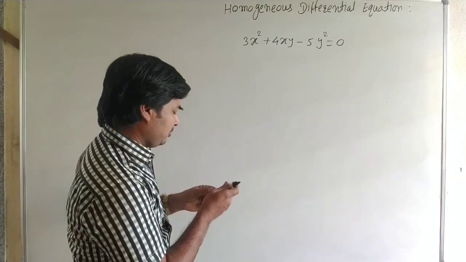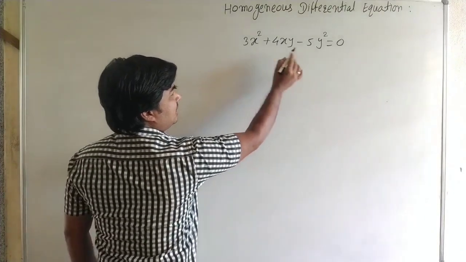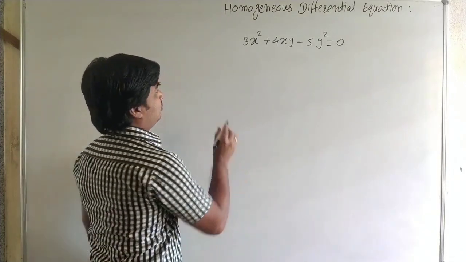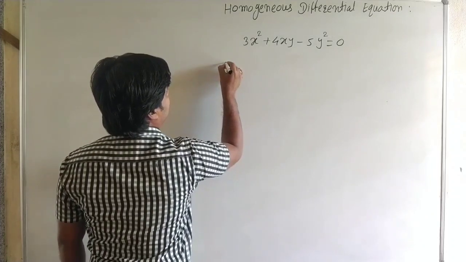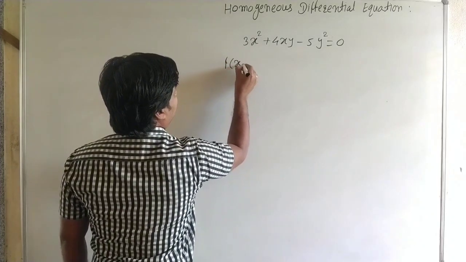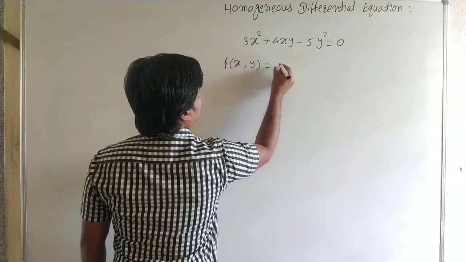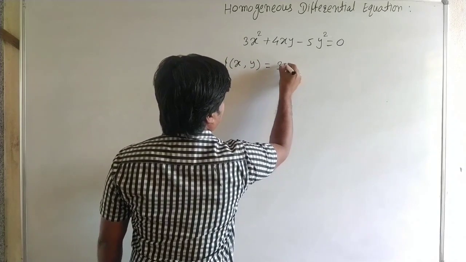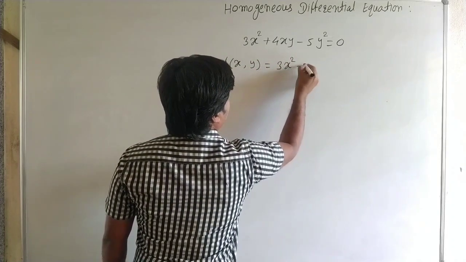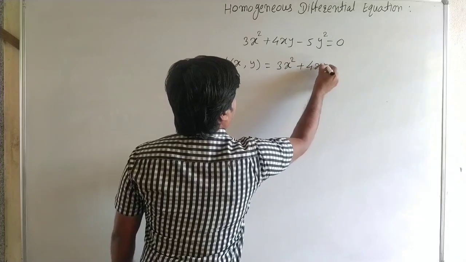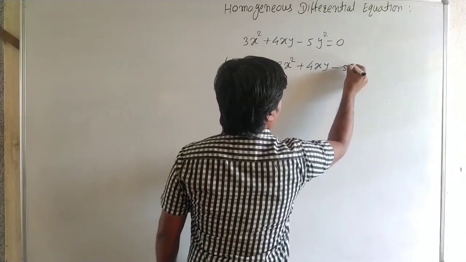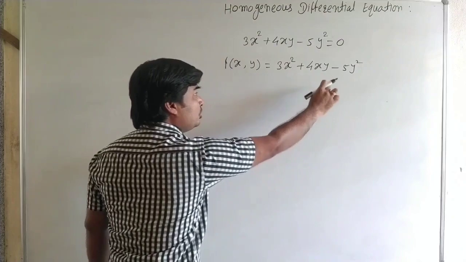Now the homogeneous function. Here it is a second degree expression in x and y, so we can write the homogeneous function f of x comma y equal to 3x square plus 4xy minus 5y square. It is a homogeneous function.